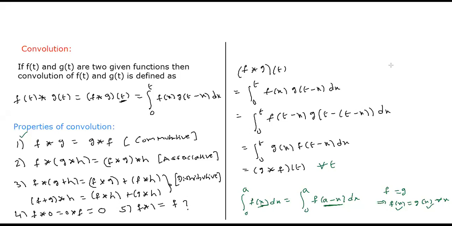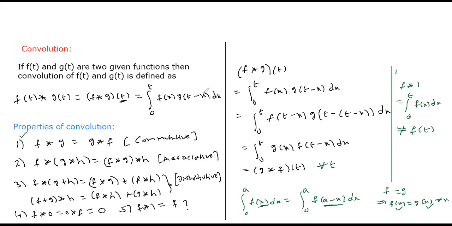It's an integration, and the integral of f of x dx is not necessarily equal to f of t.